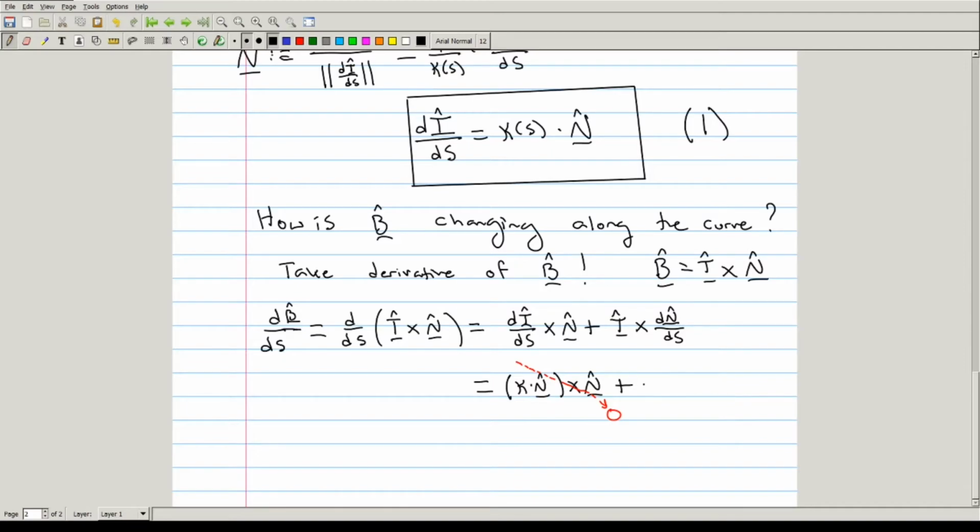And then that leaves that the derivative of the binormal vector with respect to arc length, the rate of change of the binormal vector as you move along the curve, is going to be equal to the unit tangent vector cross product with the rate of change of the unit normal vector with respect to arc length.